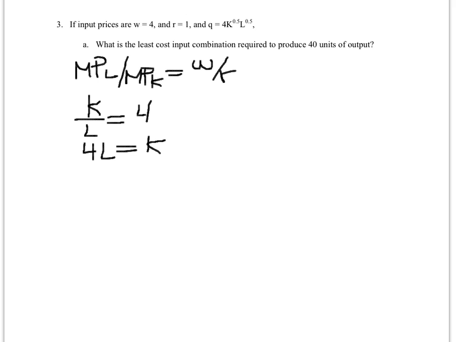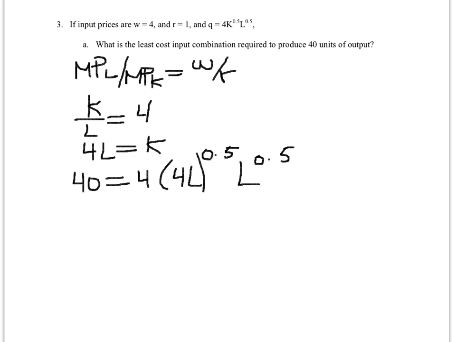And then since we use it for 40, then you have basically 40 equals 4L to the 0.5, L to the 0.5.